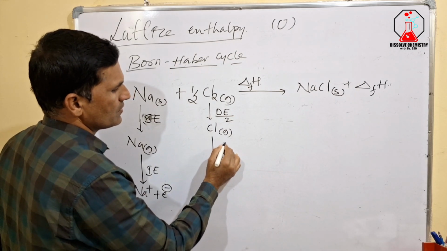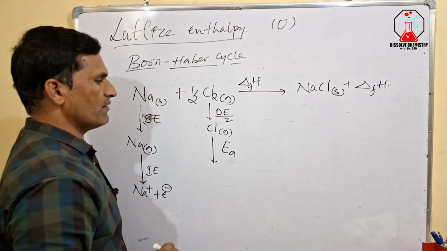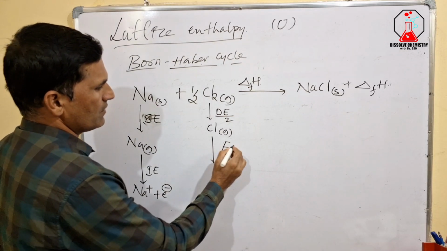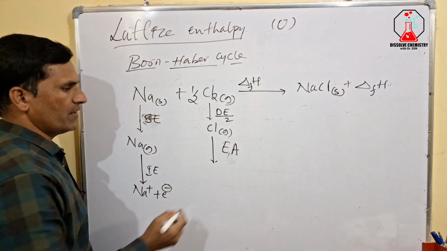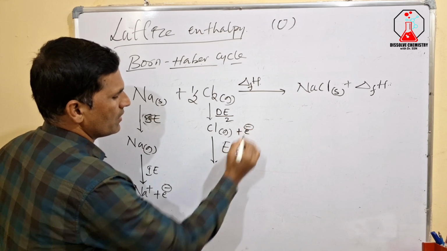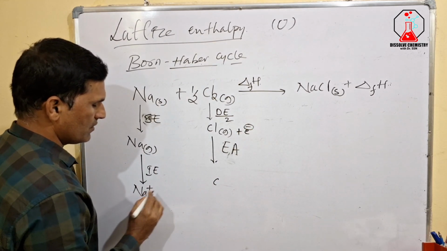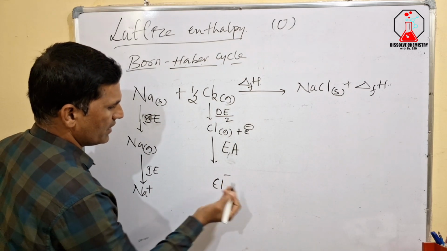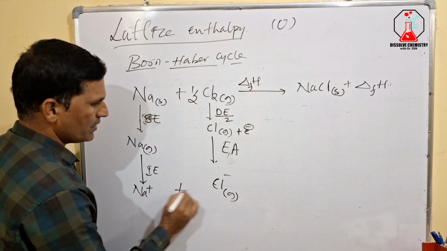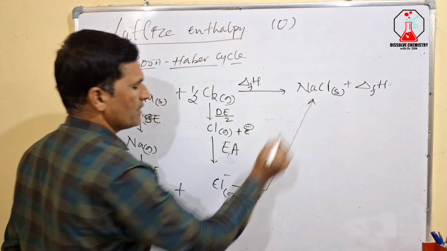We will write it like this to avoid confusion. It accepts 1 electron and turns into Cl minus, a gaseous ion.